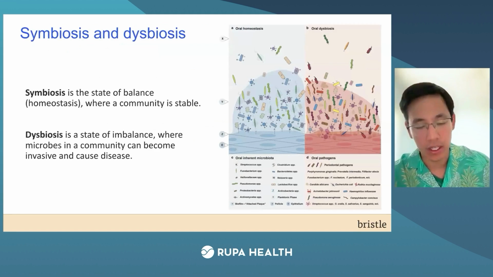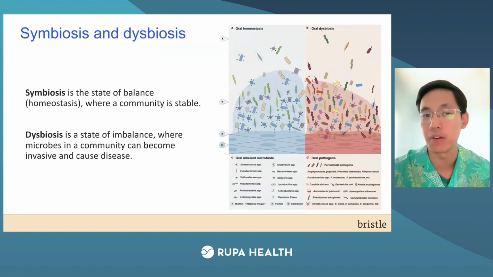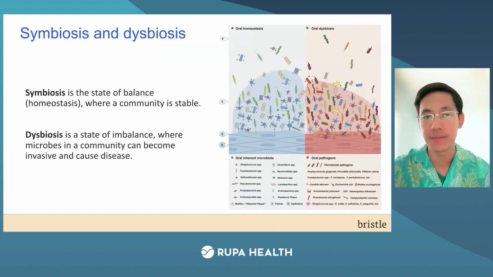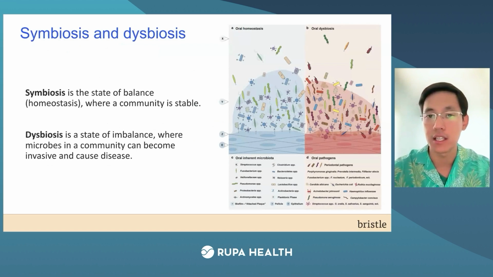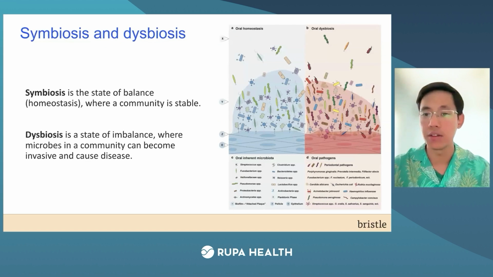Really important concepts here are symbiosis and dysbiosis, which I think most people are familiar with now, but just to reiterate, symbiosis is a state of balance, also called homeostasis, where a community is stable. In the image on the right, the left side is homeostasis, where there's a certain abundance of beneficial bacteria that occupy a space, and they all live together in a biofilm in this home.